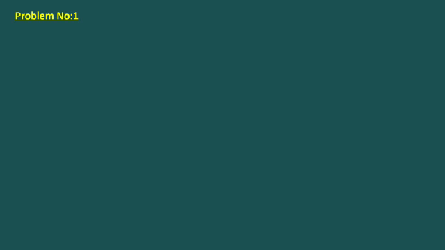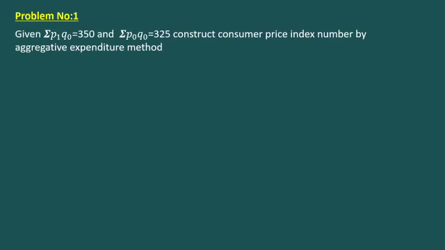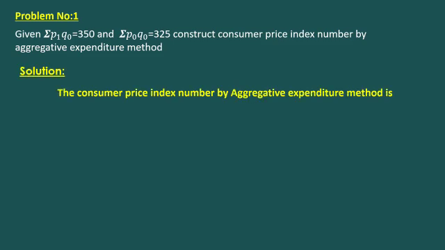Problem number 1. Given summation P1 Q0 is equal to 350 and summation P0 Q0 is equal to 325. Construct consumer price index number by aggregative expenditure method. The formula to compute consumer price index number by aggregative expenditure method is CPI is equal to summation P1 Q0 divided by summation P0 Q0 into 100.